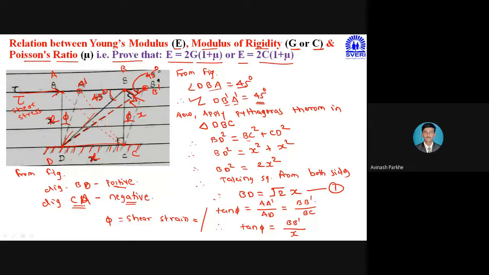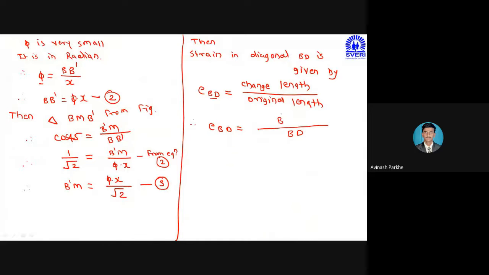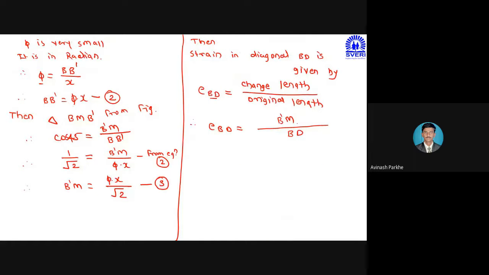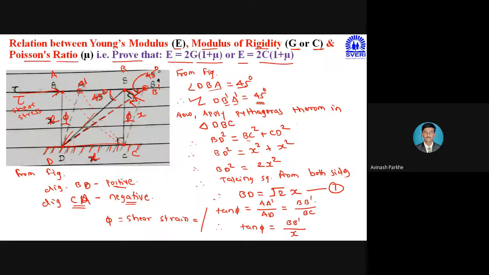B dash D is the total length, original length plus deformation length, that is the total length after the deformation. But only B dash M represents the change in length. Did everyone understand? As per the formula of strain, change in length upon original length, the change in length of diagonal BD is only B dash M.